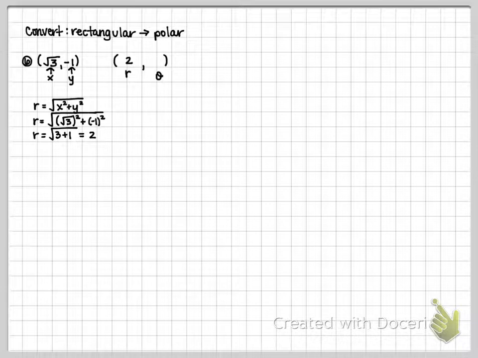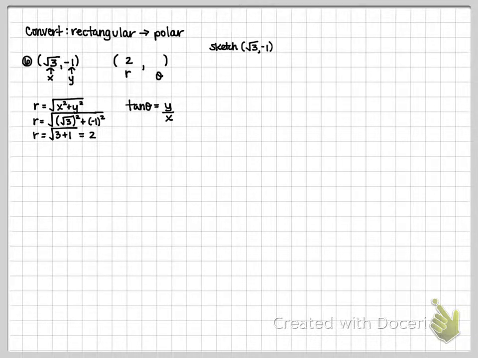Then I need to find my theta. So the other equation that I use is the tangent. So tangent of theta is equal to, well, y over x. When I do the tangent theta, I like to get a quick sketch of where this root 3 comma -1 is. And it's just to ballpark it. I don't need it to be perfect. So it's just my sketch of the original point, root 3, -1.